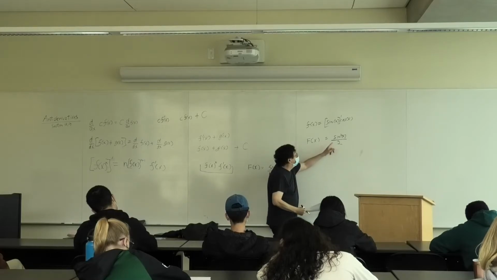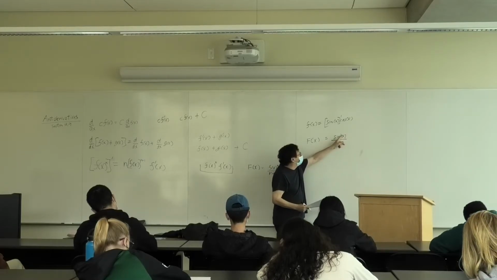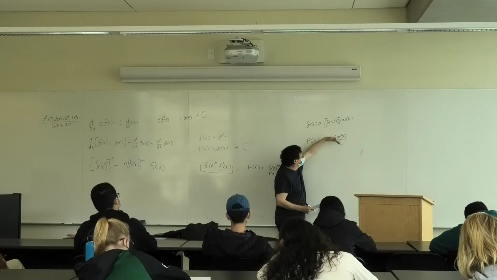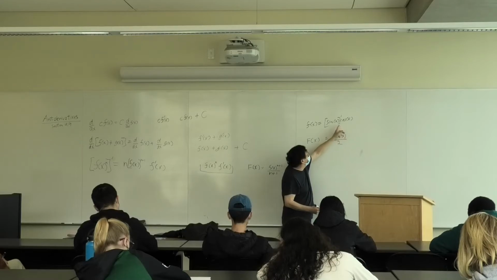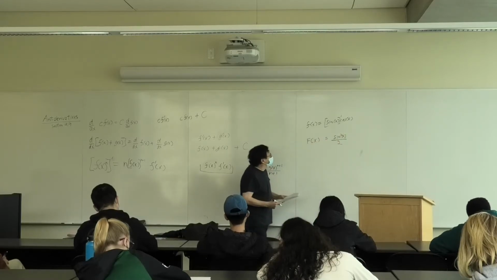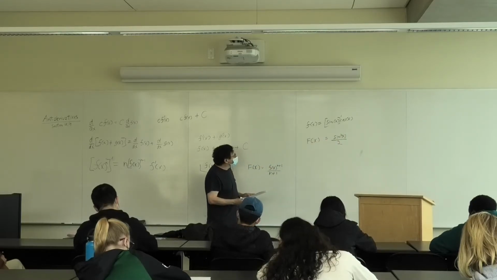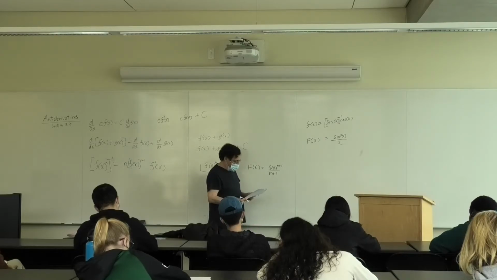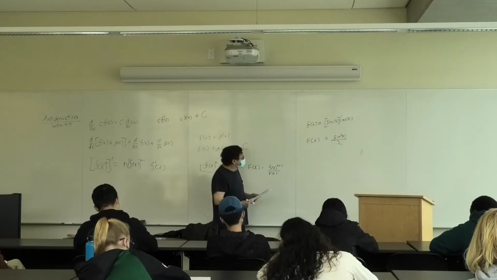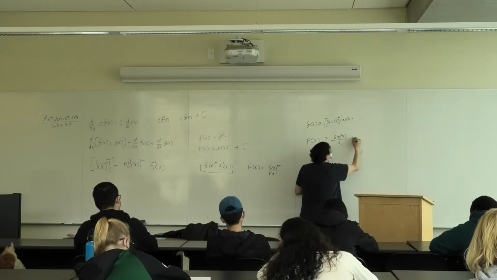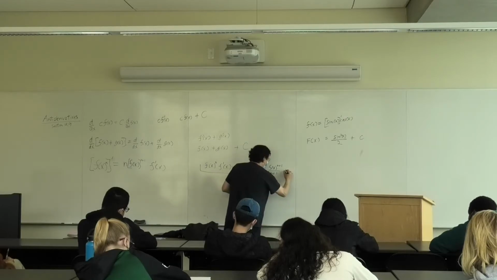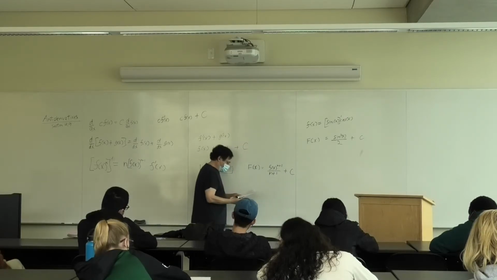What happens? To find its derivative, it's going to be 2 times sine of x. That's going to eliminate the 2's, times the derivative of the sine, which is the cosine. Gets us back to where we want it to be. Don't want to forget the C.